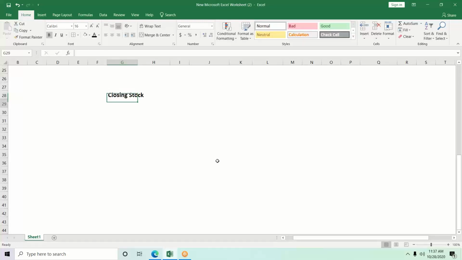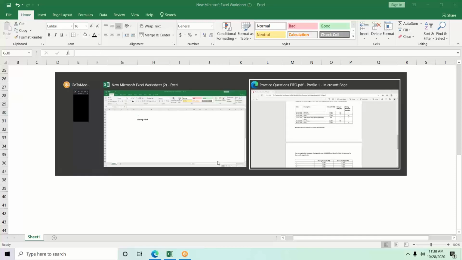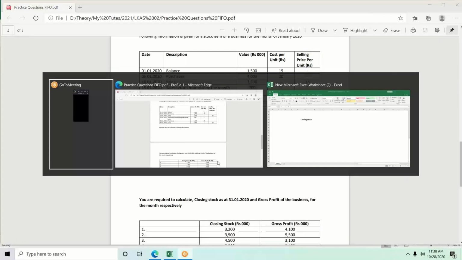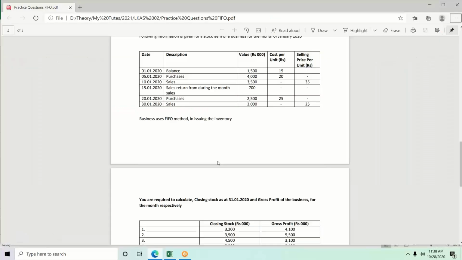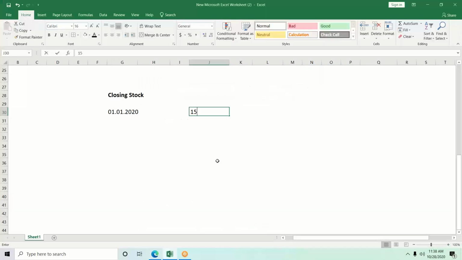How are you supposed to calculate the closing stock, Putha? On 1st Jan 2020, you have 1,500 units.